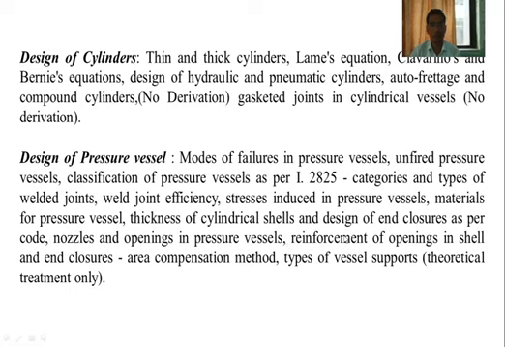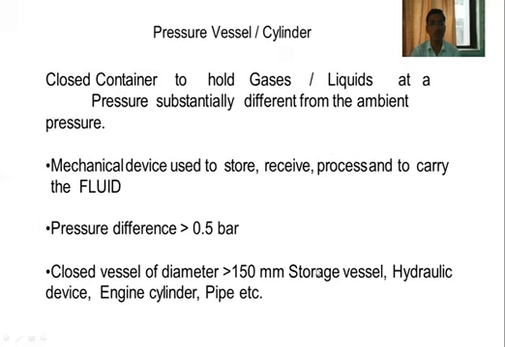Then stresses induced in the pressure vessel, materials for pressure vessel, thickness of cylindrical shells and design of enclosures as per code. Then nozzle design and openings in pressure vessel. Then reinforcement of openings in shell and enclosures. Then area compensation method. Then types of vessel supports, etc. So these are the topics that we are going to cover in this unit.